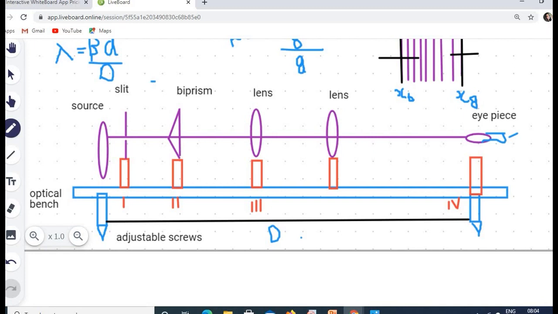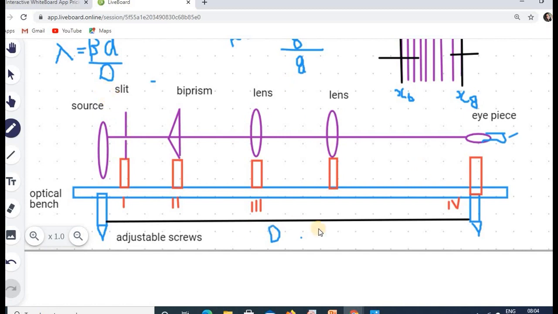We have to keep a convex lens. This is a convex lens of short focal length, placed on the upright 3, between the biprism and the eyepiece. Now the lens is brought very close to the biprism, such that while looking through the eyepiece, you can see some images S1 and S2.